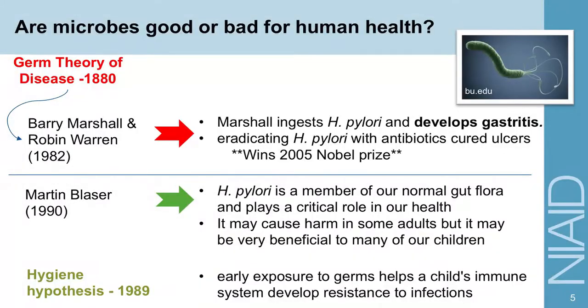So now, in recent years, it's been fascinating because yes, H. pylori has been implicated with cancer even, but actually now there is the theory of the hygiene hypothesis, contrary to the germ theory early on, where it's thought now that early exposure to germs helps a child's immune system develop resistance. And that's what we're learning, and the investigators that have been working at NIH have been looking very closely at the immune system and the role of the microbiota.